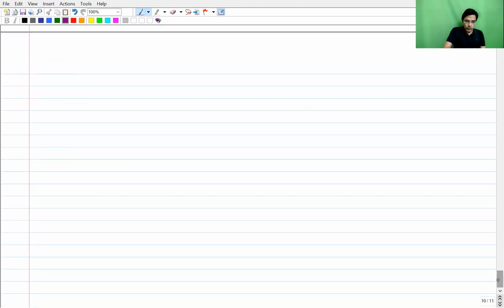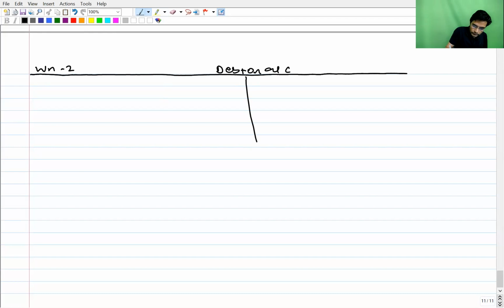So working note number 2. Debtor account, or you can also call it trade receivable account. In this, first, of course, everything is rupees in lakhs.